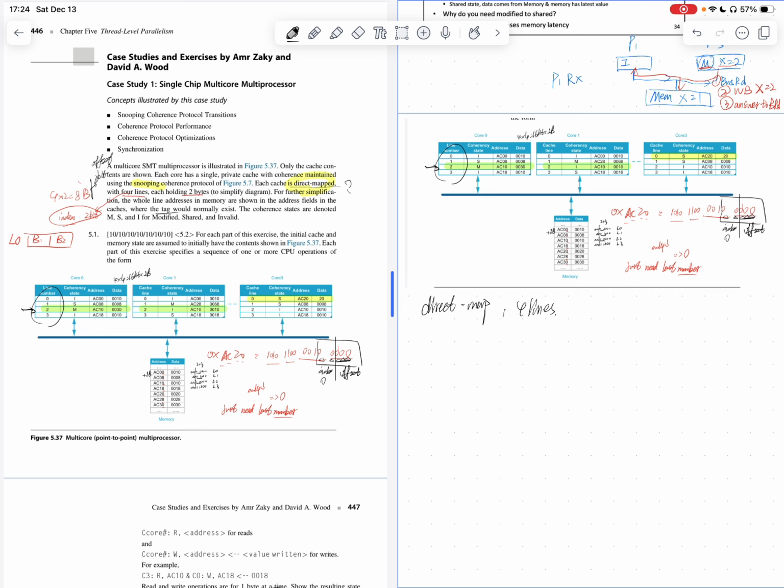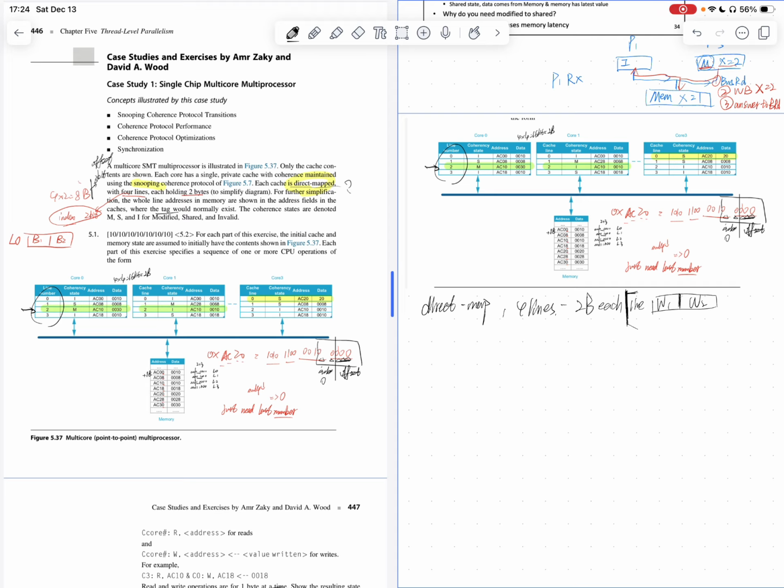And we should also learn that each line is holding 2 bytes. So here is an example. Here is a line. There are 2 words, word 1 and word 2. Okay.